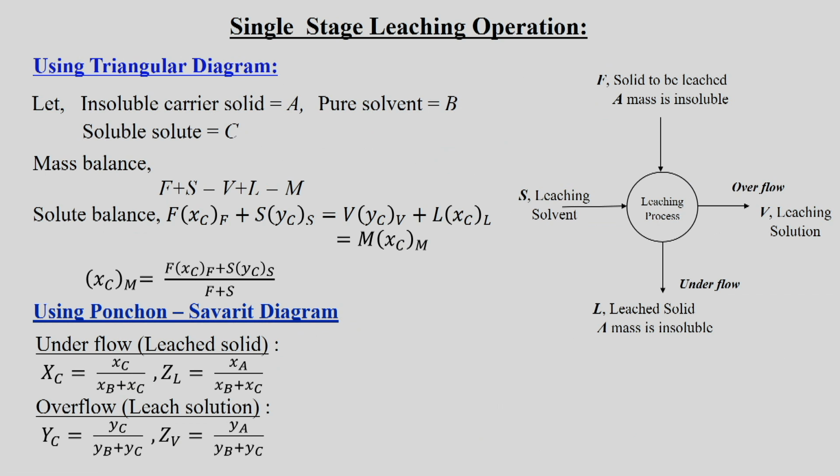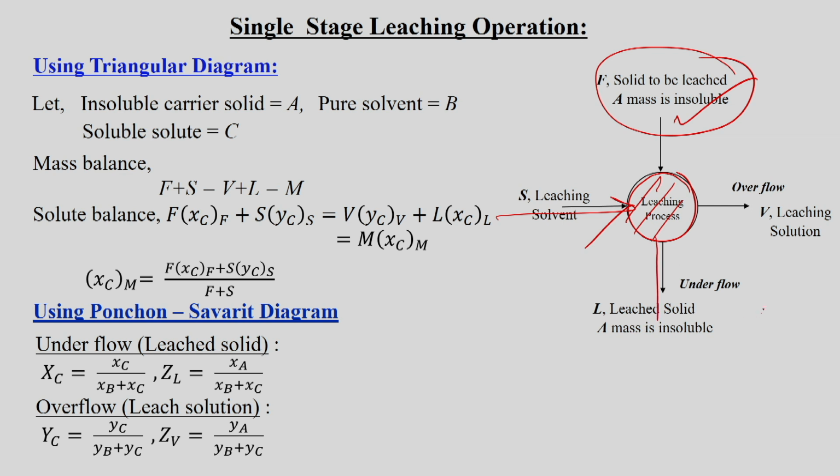For single stage operation, whatever we have discussed for extraction, the same thing is applied here in the leaching process. Suppose we have a solid to be leached, with insoluble A, the inert mass. Then in the leaching process we add the leaching solvent, like the extracting solvent.